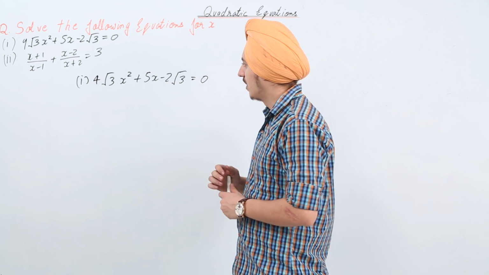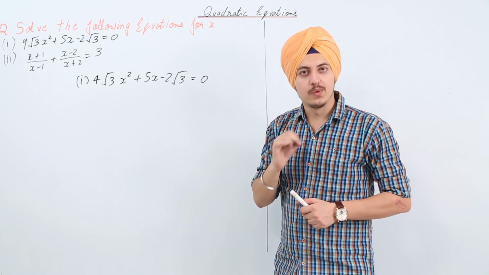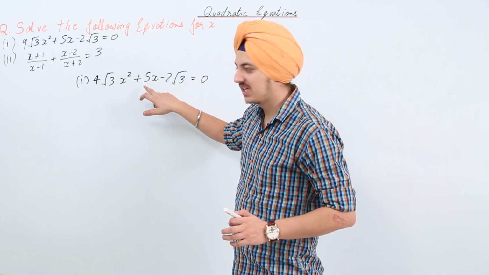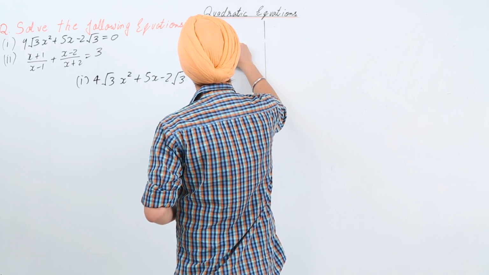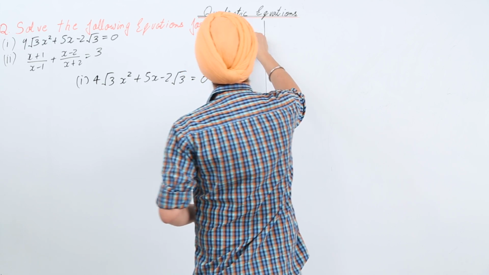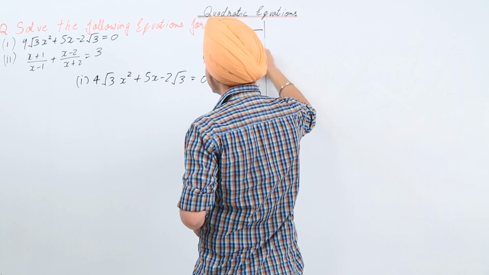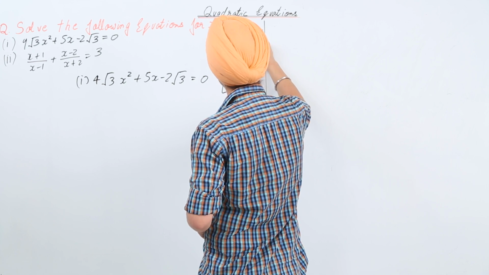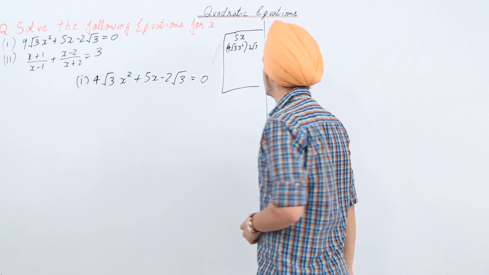Now we have to again split the middle term so that the sum is equal to 5x and the product is equal to 4 root 3 x square into minus 2 root 3.